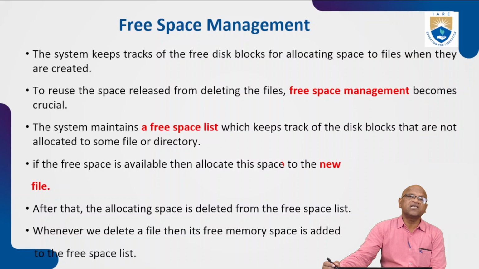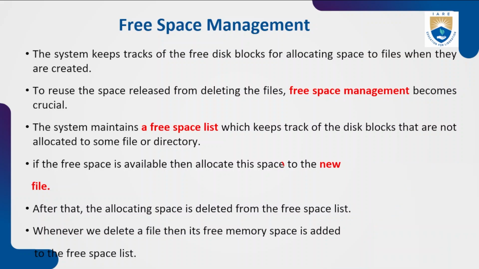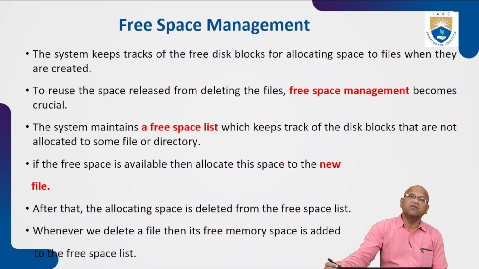If free space is available, disk space is allocated to the new file. If one file is deleted, after some time you may save another file, and where that new file is saved is subject to the availability of blocks. Whatever space is created by deleting a file, we must be able to load another file in that space, so we allocate that block to the new file.